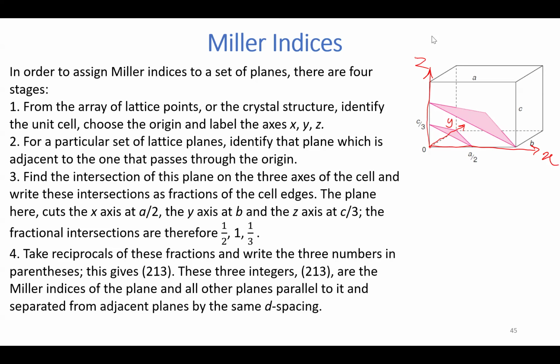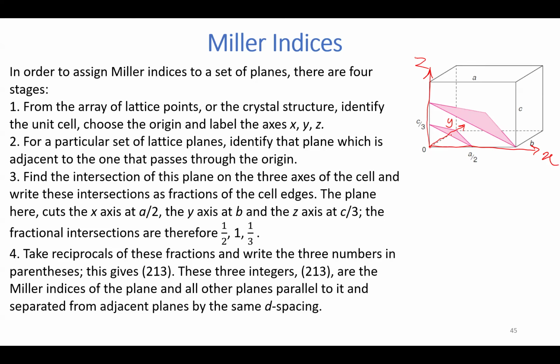That's why in the questions and the papers, I usually give you the directions or the center. But one particular logic you have to follow is that you define your origin. You cannot just take any. You have to decide on the origin which is closest to the plane, but that plane shouldn't go through the origin.